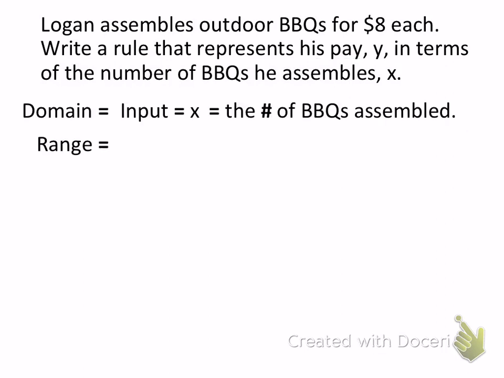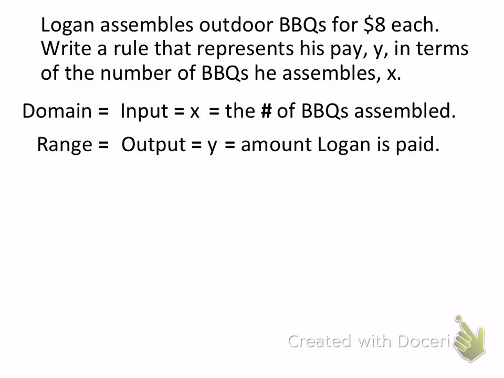And my range is the Y, or the output, which is the pay that I get. Now be careful, don't call it a cost, because I will assume you're talking about the cost to make a barbecue. This is definitely about, if I make a lot of barbecues, I make a lot of money. I get paid. If I make only a few, I get paid only a little bit.